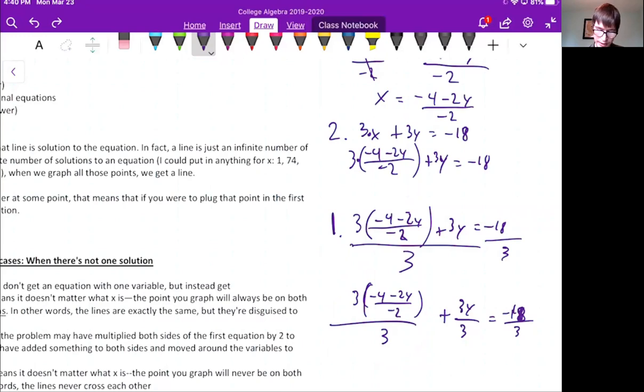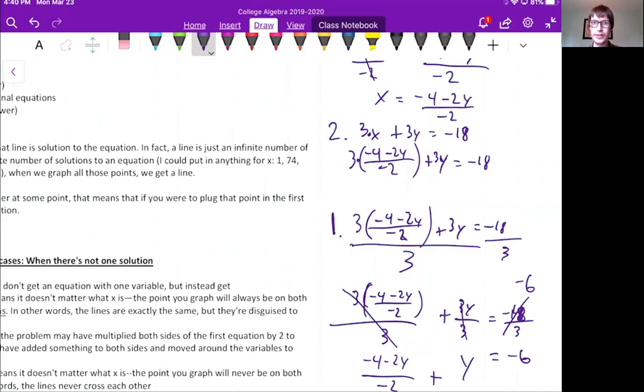You can see the 3's in this left side cancel, the 3's in this y cancel. And -18 divided by 3 is -6, so we'll write -6 on the right. That leaves us with -4 minus 2y over -2 plus y equals -6.